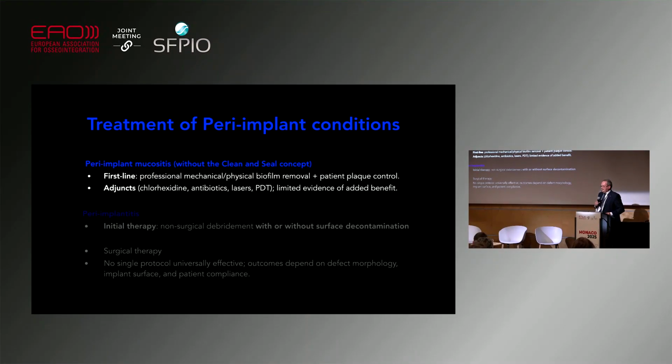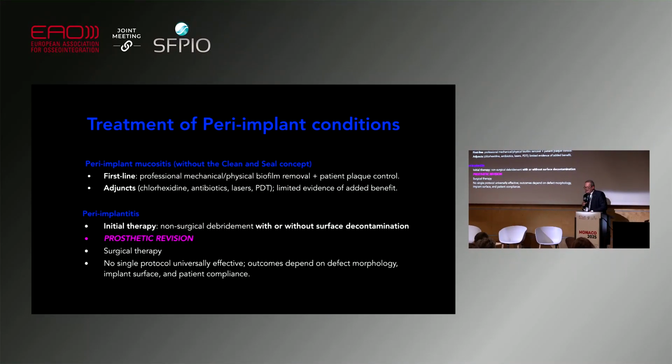The first line is always, as Egle presented, professional mechanical biofilm removal and improved patient plaque control. Whether we have adjuncts which could help, we have limited evidence of additional benefit. Peri-implantitis therapy should focus on mechanical debridement, first non-surgically.